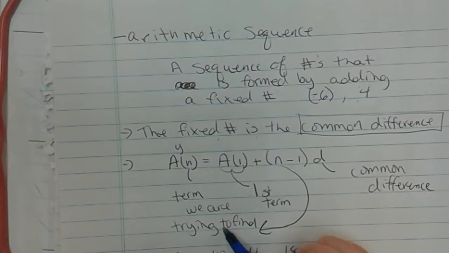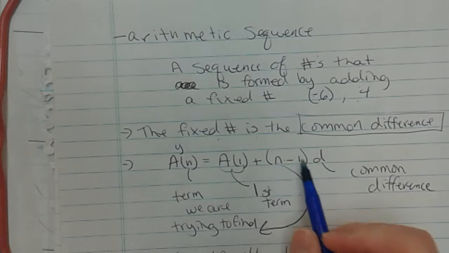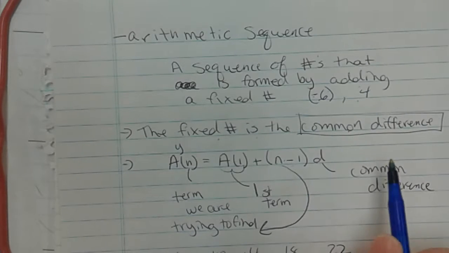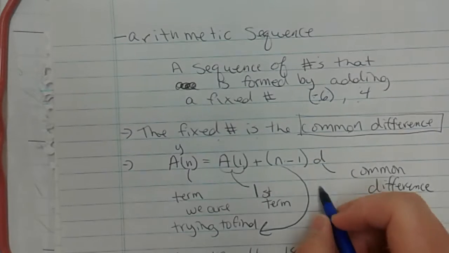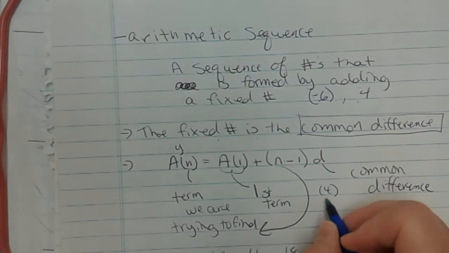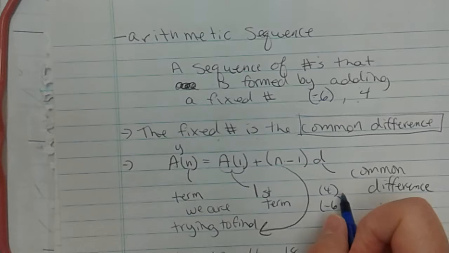So let's say I'm trying to find the 100th term. I can plug in 100 for n. And then d is our common difference. Remember, in order to be a common difference, it has to be something that is being added or subtracted. So it could be a +4, it could be a -6, but it cannot be anything that is multiplied.